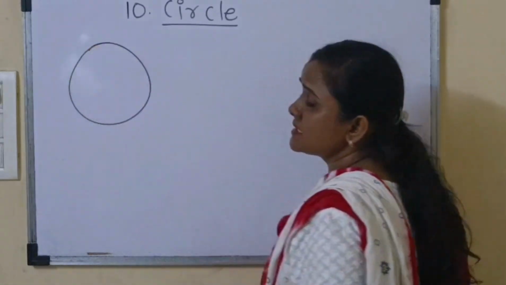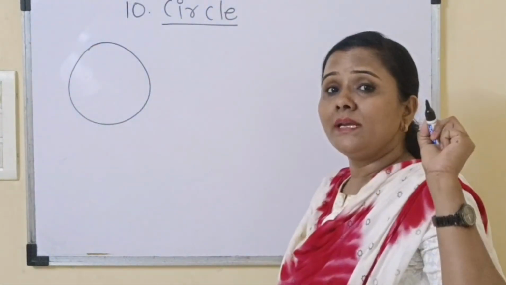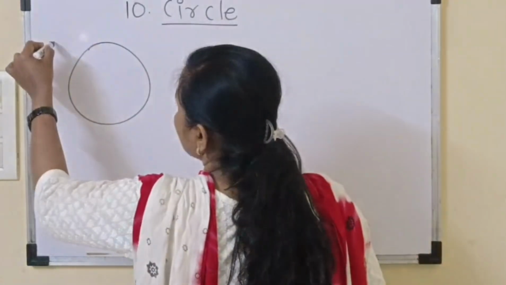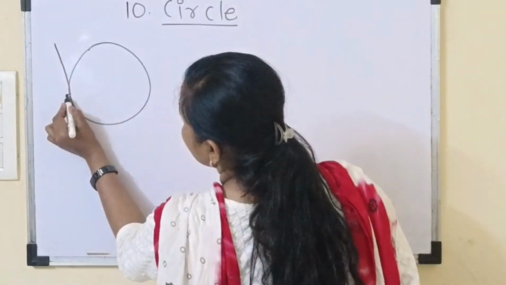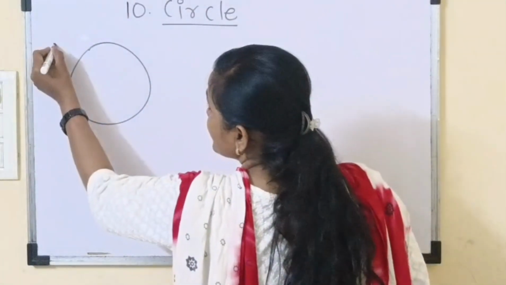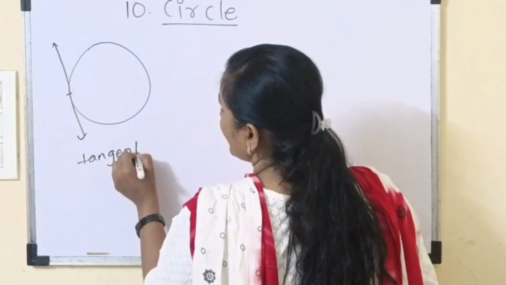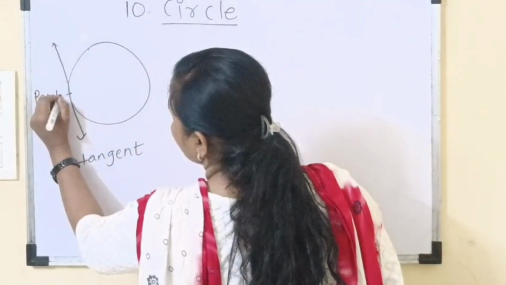If this is the circle and any single line touches it at only one point, if I draw the line like this and it touches at one point, this line is known as the tangent. And this is known as the point of contact.